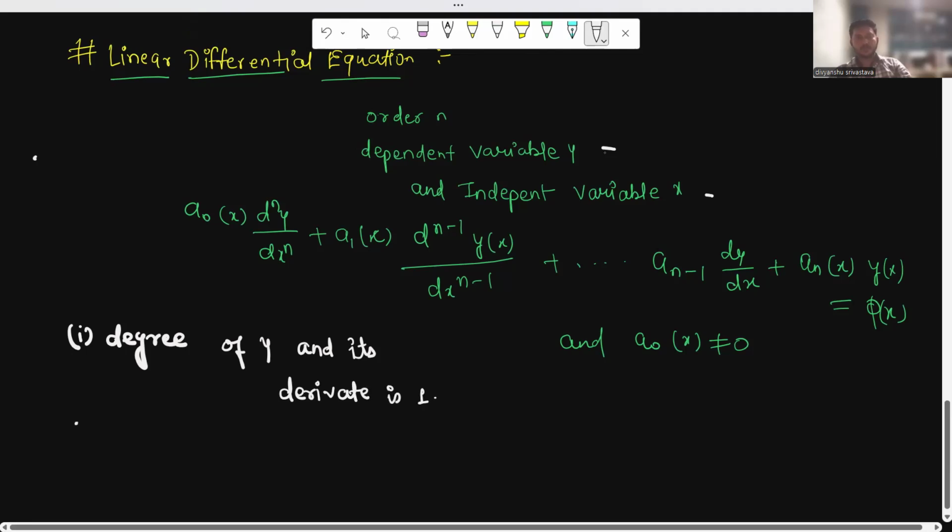And the second important thing is that there is no product of y and its derivatives.